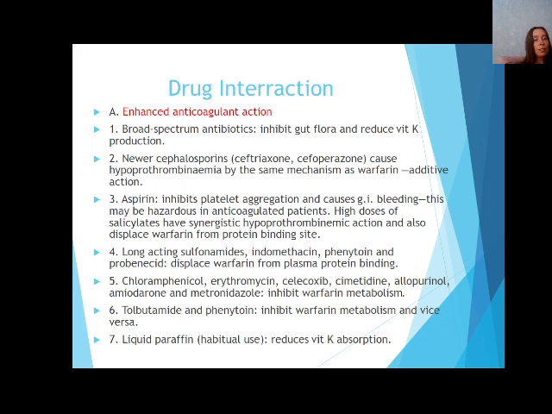Then synthetic antimicrobial drugs like sulfonamides, NSAIDs, indomethacin, phenytoin. Antibiotics chloramphenicol, erythromycin, then celecoxib, cimetidine, allopurinol, amiodarone, metronidazole. Then tolbutamide, phenytoin, liquid paraffin.